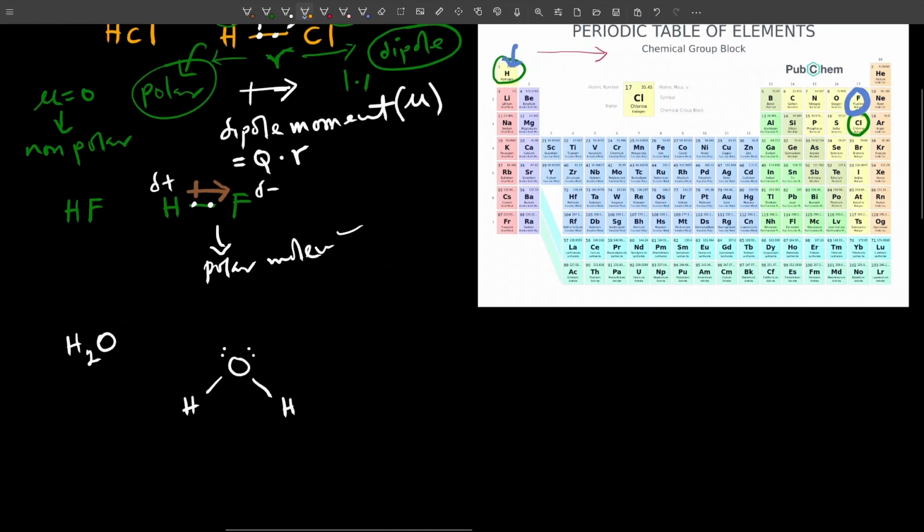If you look at the table, we have oxygen over here and hydrogen over there. Oxygen's electronegativity is something around 3.0. So the electrons will move in this direction, the dipole moment, towards oxygen, giving oxygen a partially negative charge and hydrogen a partially positive charge.